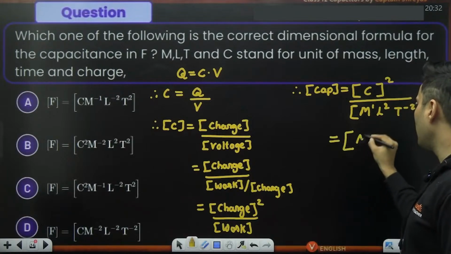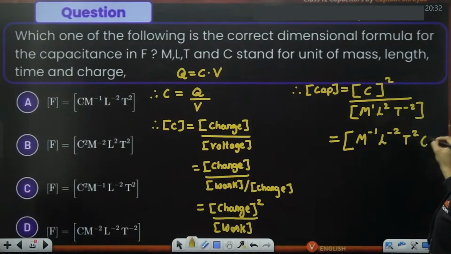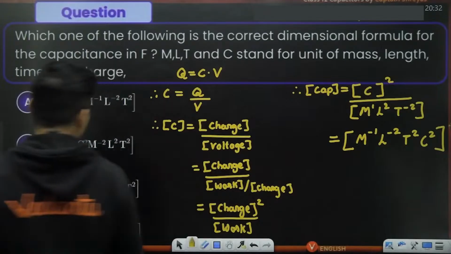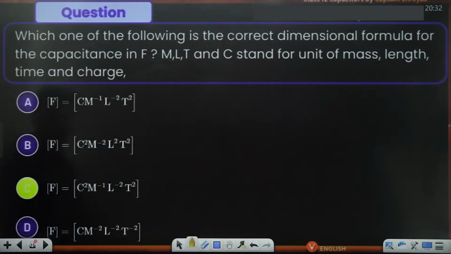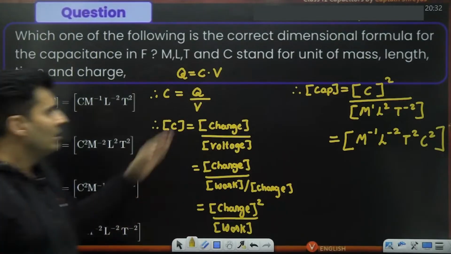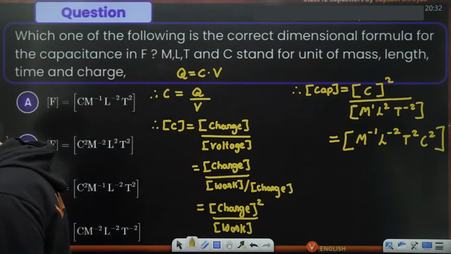So this will become M raised to minus 1, L raised to minus 2, T raised to 2, C raised to 2. That is the final answer, which is option C, right over here. C for your Captain Shreyas. Very good. Excellent.